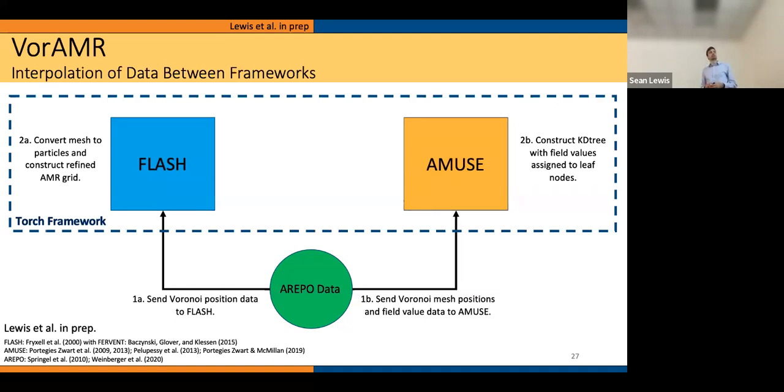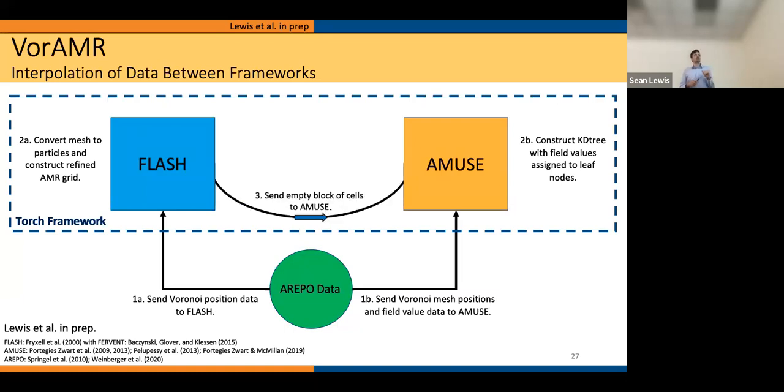And at the same time, Muse constructs a k-dimensional binary lookup tree using the same positional information of the Arepo data along with the gas values. And we'll see how that comes in handy in a second.